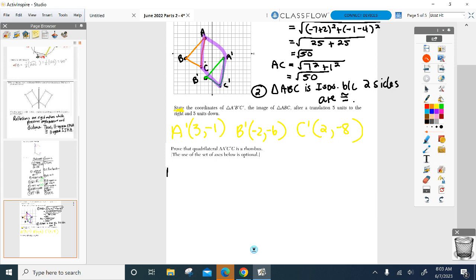So all you would need to do is transfer that. All right, we already found AC was the square root of 50. I don't need to do that over. But now here we go. Now we got to do A prime, and the other two sides as well.